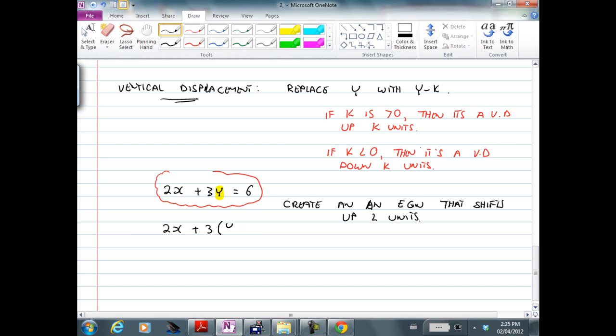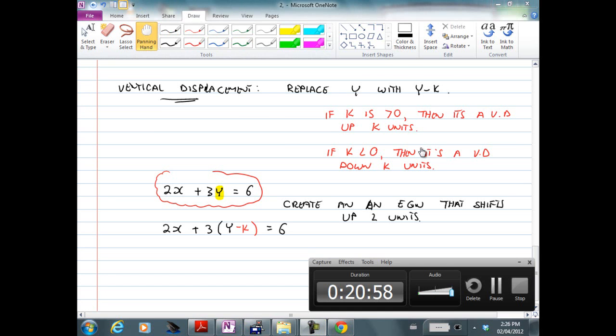So you're going to write down y minus k. Use any letter you like. I replace y with y minus k equals 6. If I want to go up 2 units, I want you to figure out what goes in this bracket. I'm going to pause it.